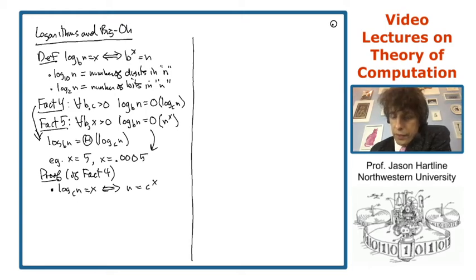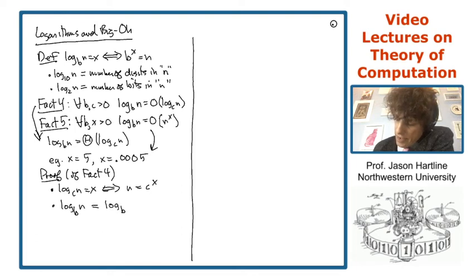Now what I'm going to do is look at the left-hand side of this equation. So n is equal to c to the x, and I'm going to take the log base b of both sides. So log base b of n is equal to log base b of c to the x.